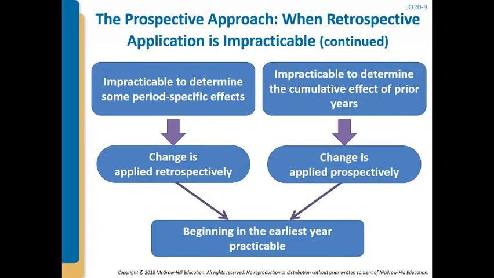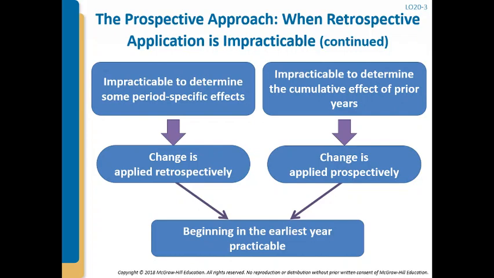If it's impracticable to determine the cumulative effect of prior years, you simply can't figure out the cumulative effect, you're going to make the change prospectively.